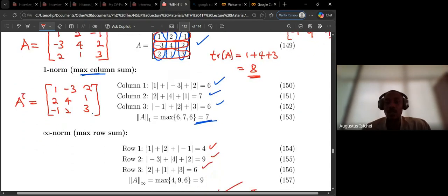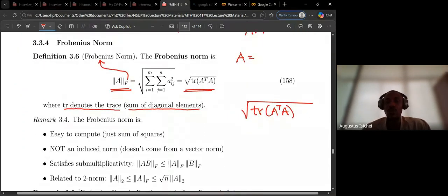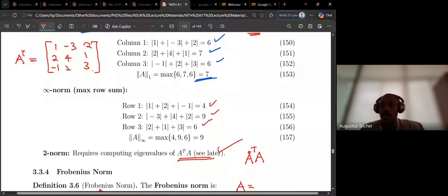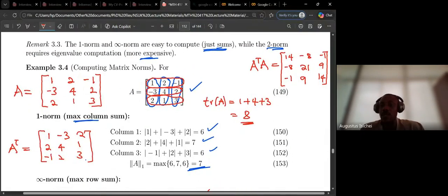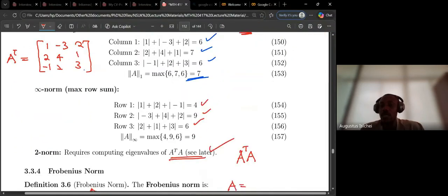But the Frobenius norm is saying that the norm is nothing but the square root of the trace of the product of A transpose and A. And we have already obtained the matrix A transpose A, which Christopher gave us earlier. The matrix has the following elements: 14, minus 8, minus 1.